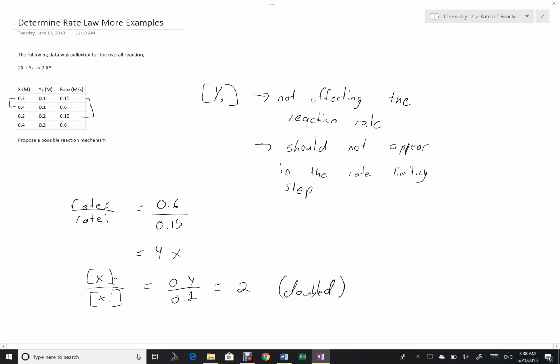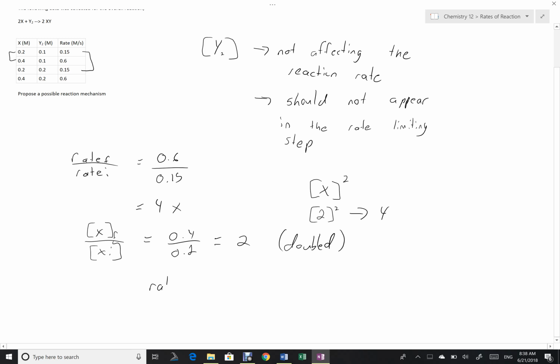How could that have happened? Well, if the relationship to x was such that x was squared, then when I put my 2 times into that square, it would have affected the reaction rate by a factor of 4. So what I conclude from this is that my rate depends on x squared.